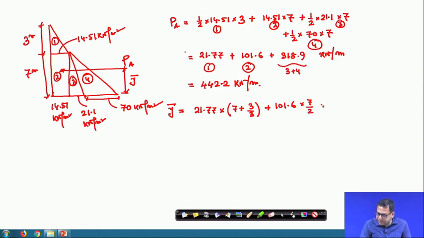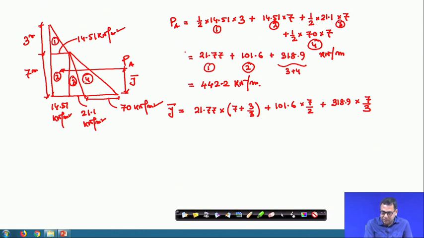Then I am taking the third and fourth one as one triangle, and the force is 318.9, and it will act at 1/3 from the base. So it will be 7 divided by 3, because I am considering the third and fourth as one triangle.